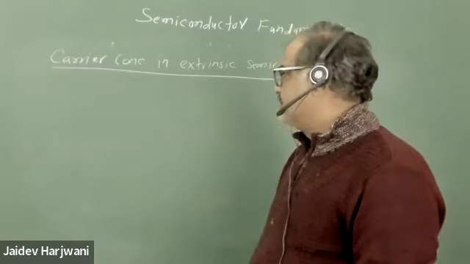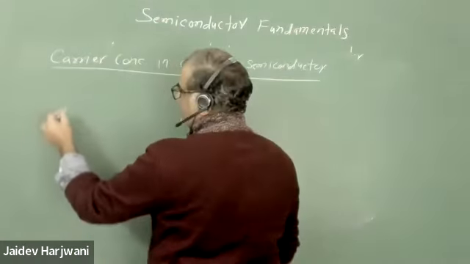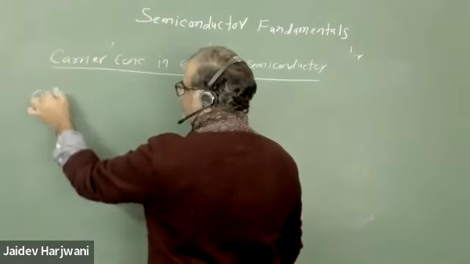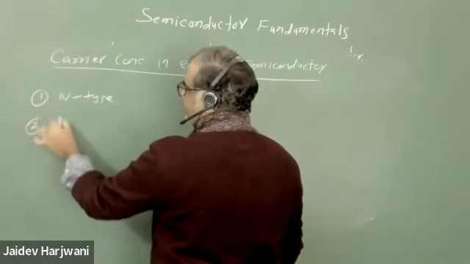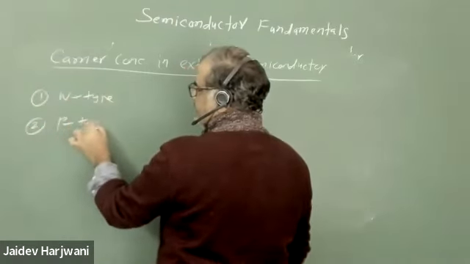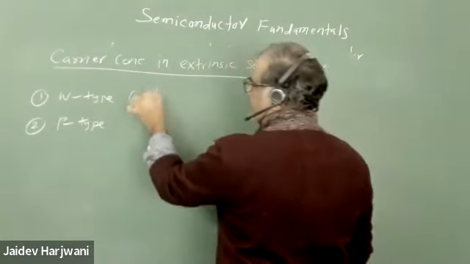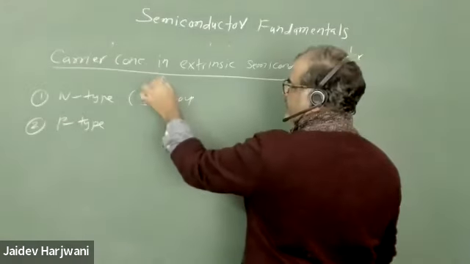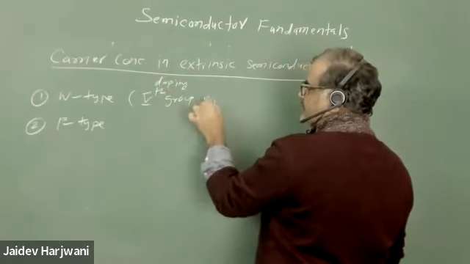And we have discussed also that extrinsic semiconductors are 2 type. Okay, n-type, and then we have p-type. Okay, so when we dope fifth group element, okay, doping is fifth group element like arsenic.